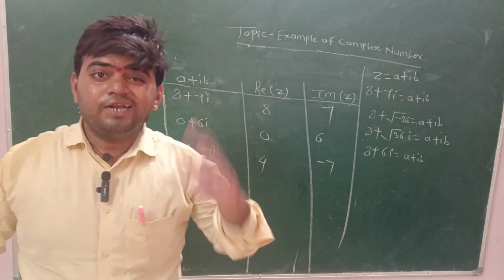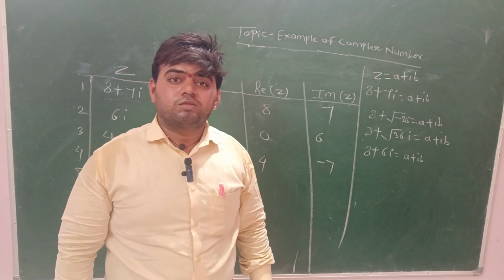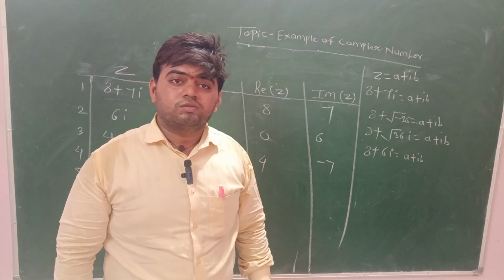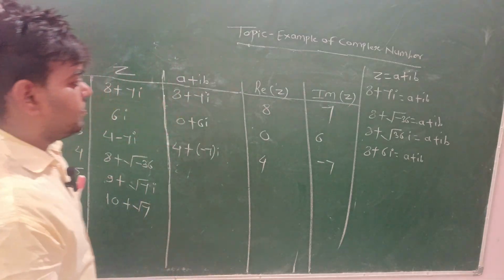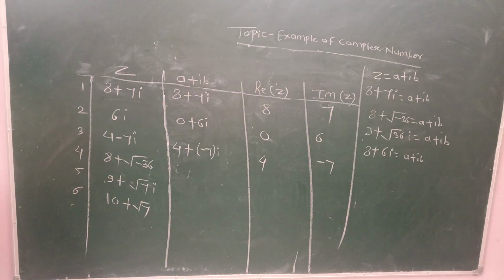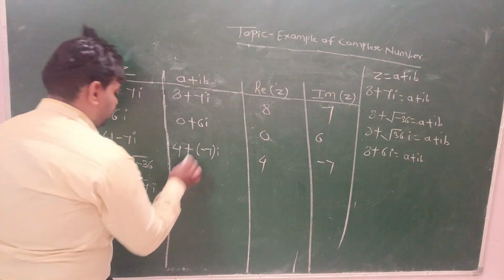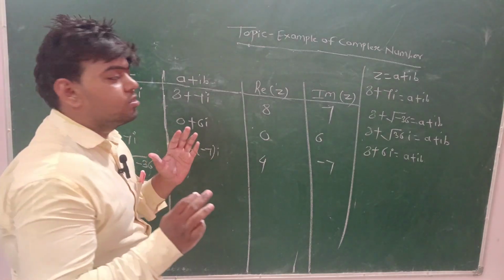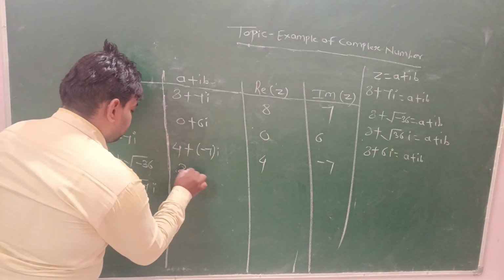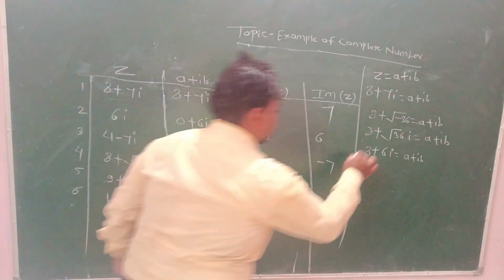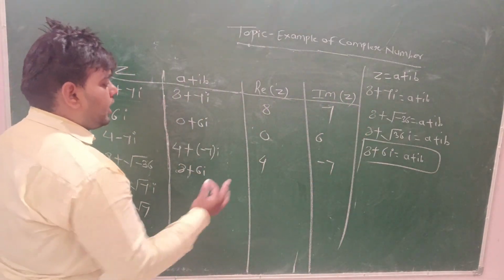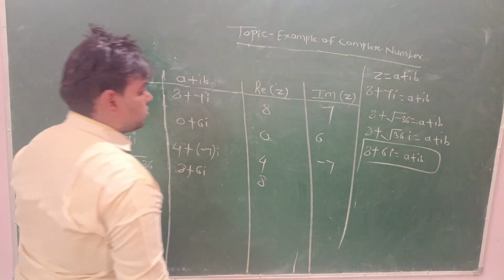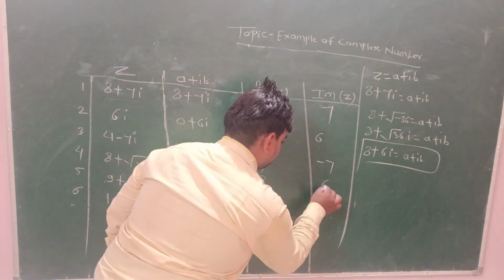Root 36 is 6 here. Okay, this is the form 8 plus 6i. A is 8 and b is 6 here.